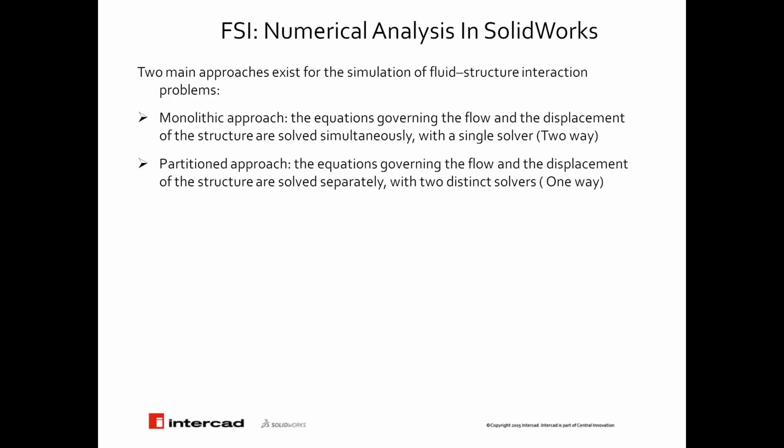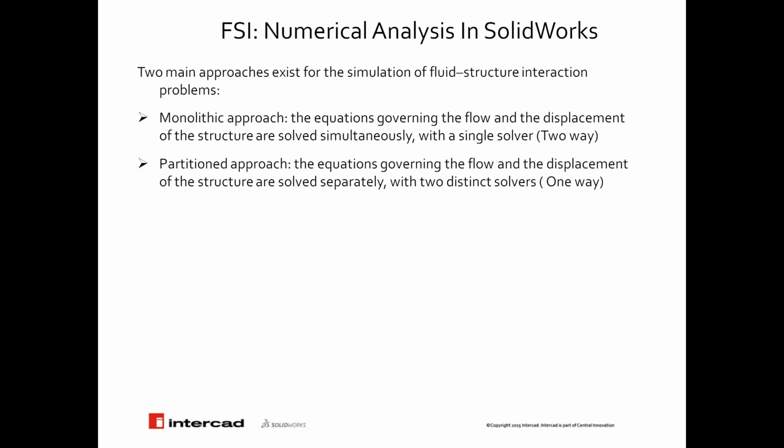Two domains are solved at the same time, they simply get their updates, and all results are pretty realistic. A different method is the partitioned method. The equations governing the flow and displacement of the structure are all solved separately.